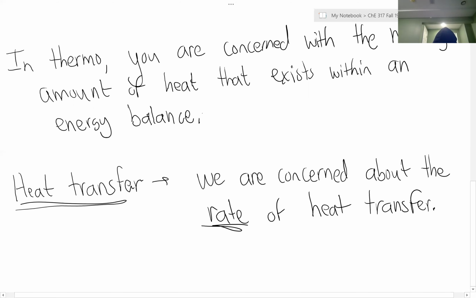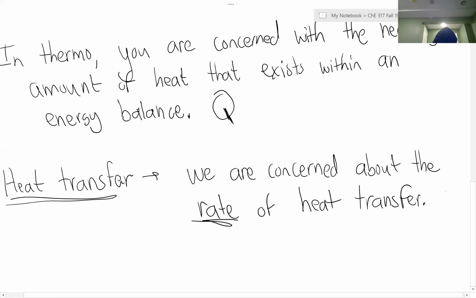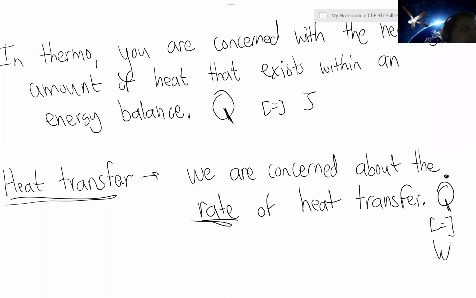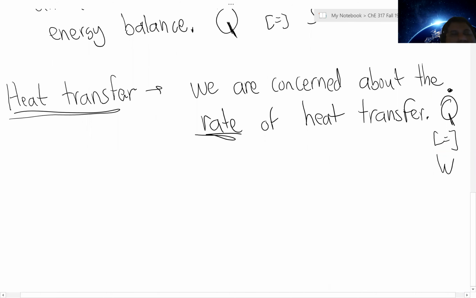In mechanical energy balances, heat is designated Q. So in this class, what we're often looking for is Q dot. If Q is in joules, Q dot is going to be in watts or BTUs per hour. So what we're often concerned with is the rate of heat transfer.